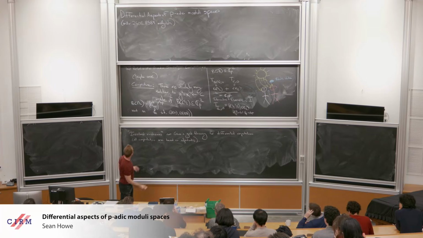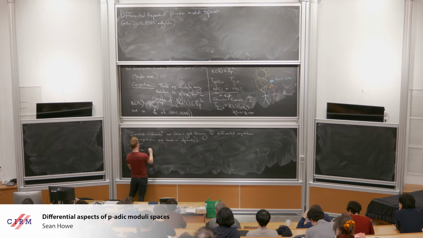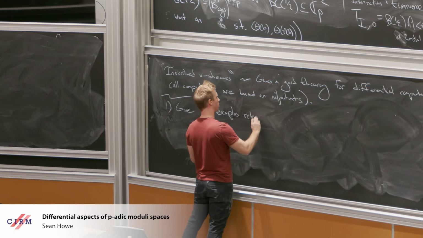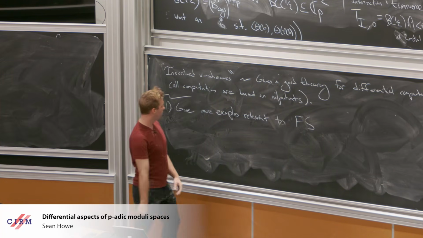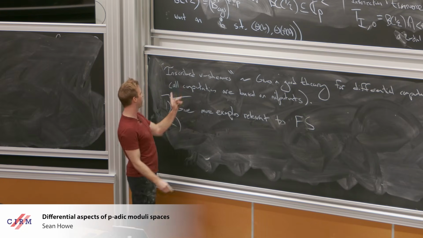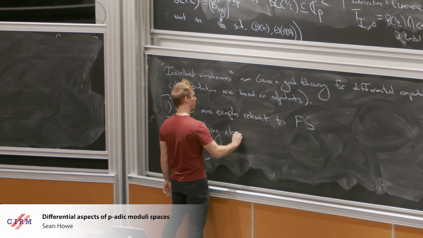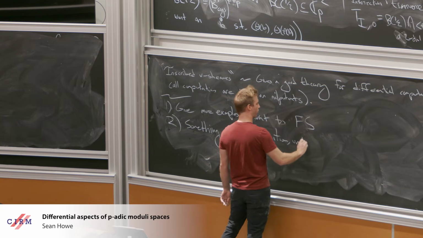So, what do I want to do? One, give more examples relevant to Fargues-Scholze. Two, I will say something about what the actual definition and underlying theory is.